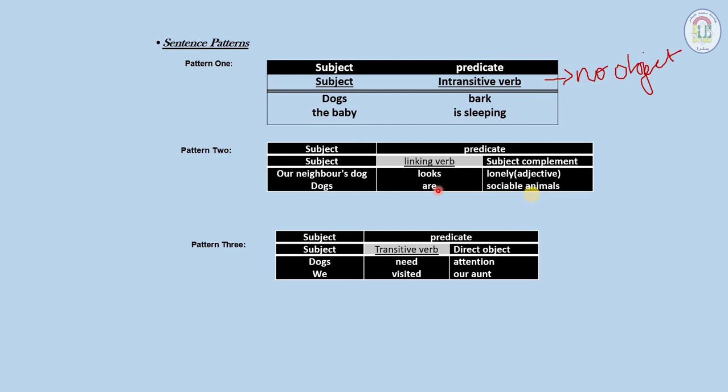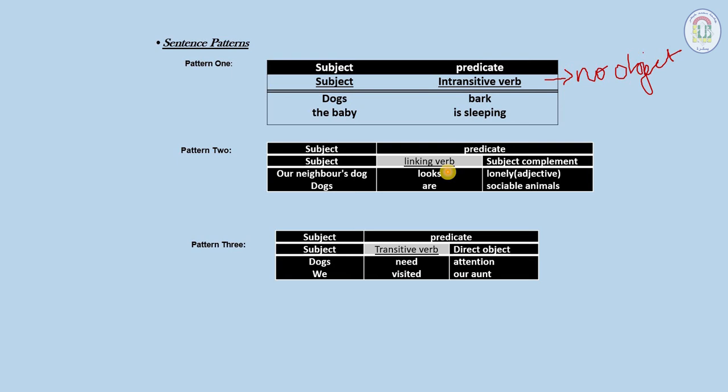Dogs are sociable animals. It is as if they are equal. The meaning of linking verbs is as if to make the subject and its complement equal. So neighbor's dog is equal to loneliness.